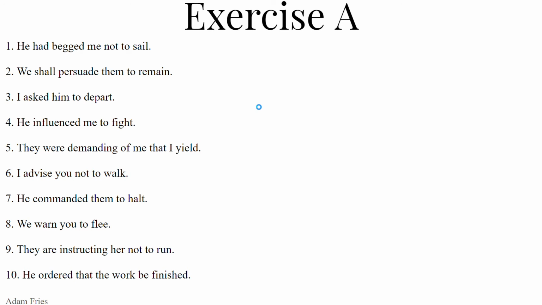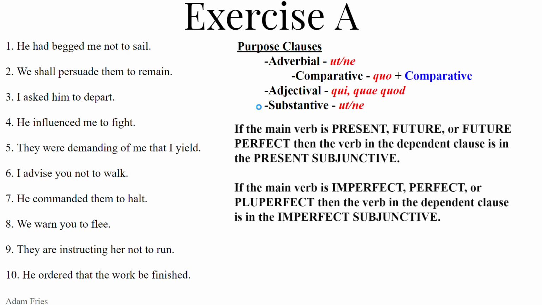To really consto, to really stand there, stand there so much that you just stop, you halt. So he commanded them so that they might halt, because we are in secondary sequence because of the perfect tense verb. So eis imperavit ut consisterent. Ut consisterent. So that they might halt. Imperfect subjunctive.